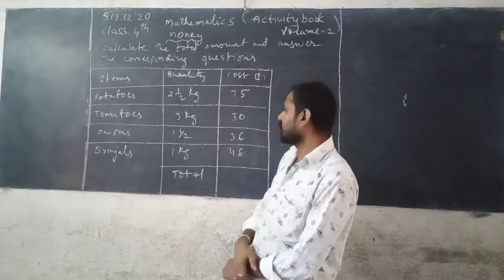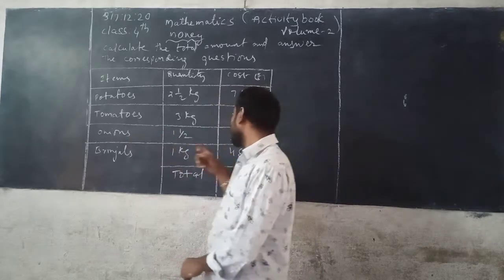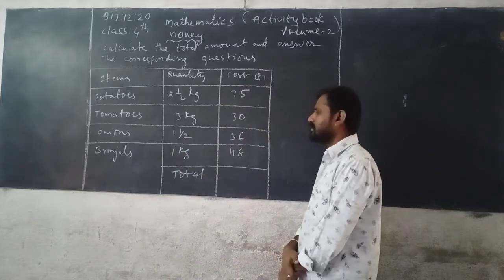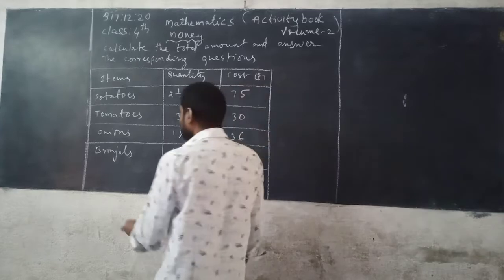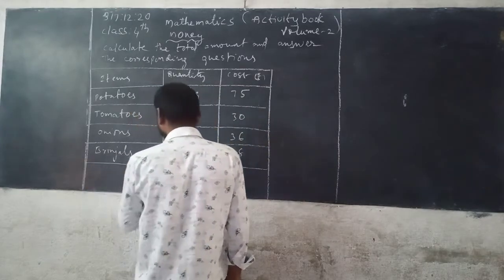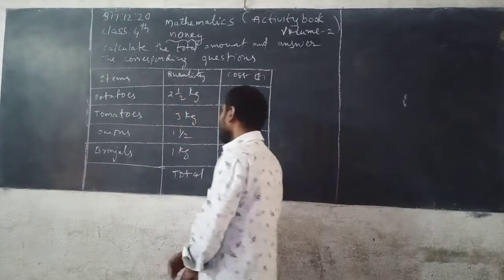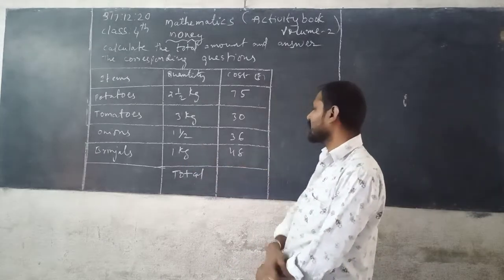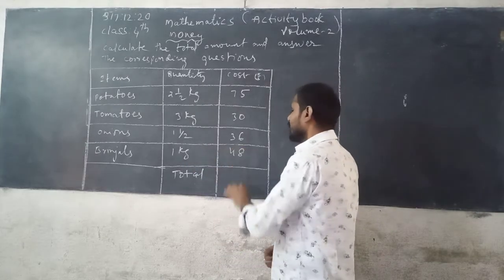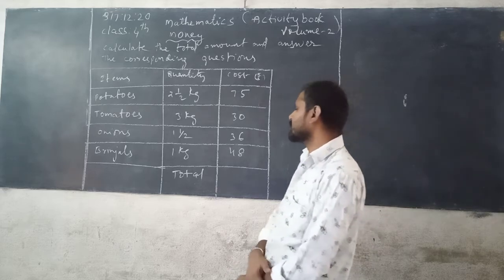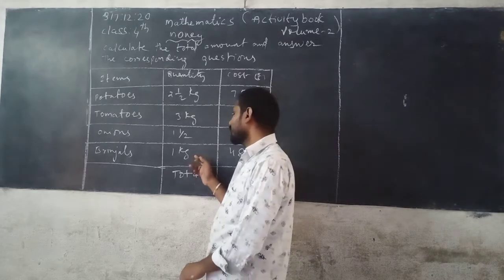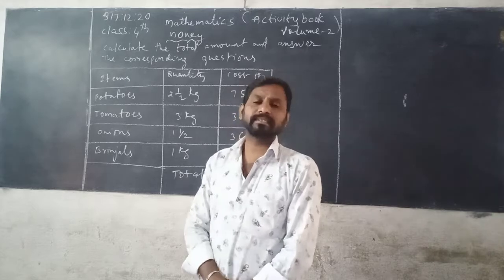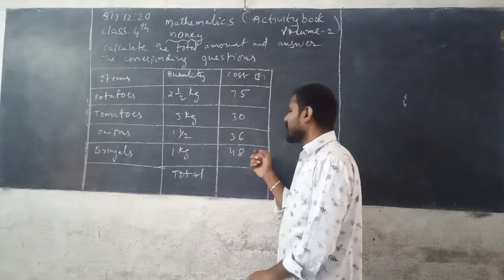The cost of 1.5 kg onions is equal to 36 rupees. Now next, brinjals. Quantity 1 kg. Cost 48 rupees. The cost of 1 kg brinjals is 48 rupees.